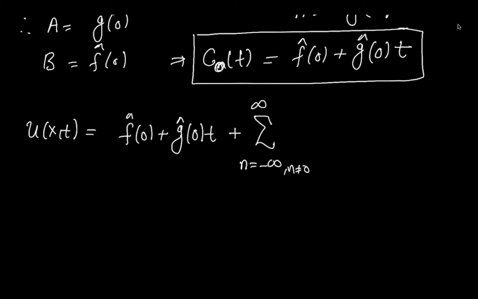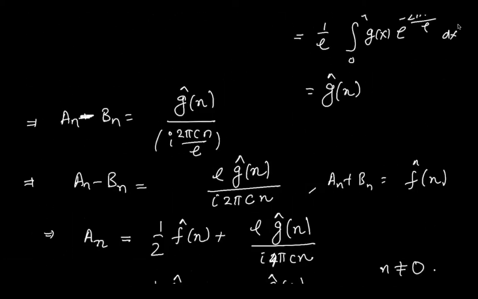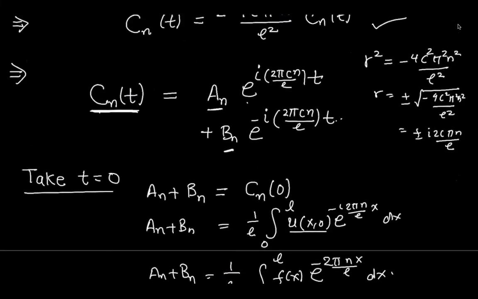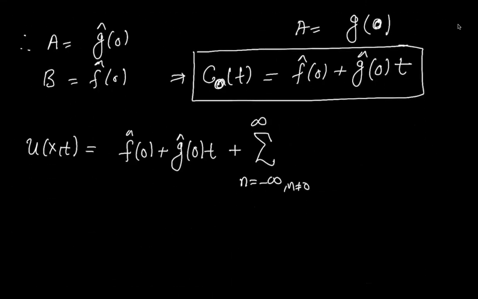So where is the c_n(t)? c_n(t) is this, where a_n and b_n are given: a_n e raised to the power 2 pi i n c over L t plus b_n e raised to the power minus 2 pi i n c over L t.